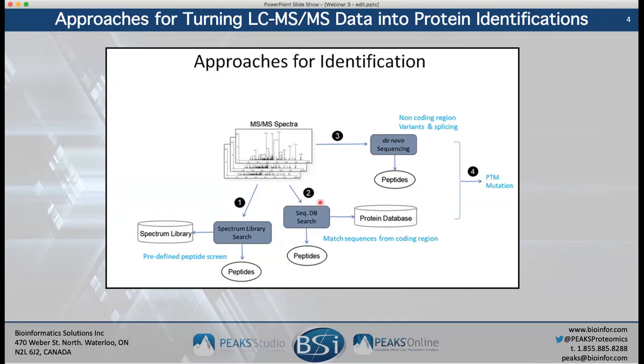One is a sequence database search, where you match sequences from coding regions, and you are obviously limited to what's in your database. And then you can also do de novo sequencing right off the spectra, which is something PEAKS does very well. This also allows you to identify things in non-coding regions like variants and splice sites, as well as post-translational modifications, along with everything else.